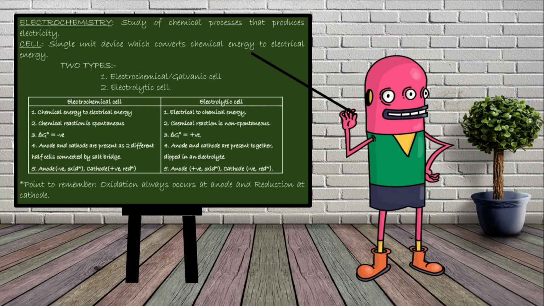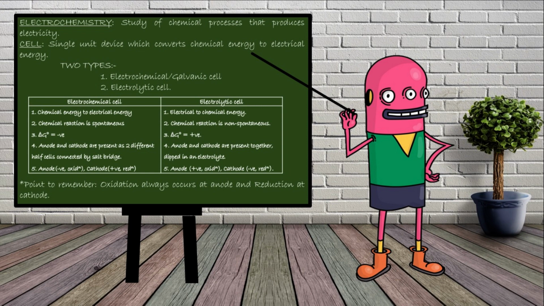In an electrochemical cell, the anode and the cathode are in different containers which are connected by the salt bridge. About the salt bridge we shall be discussing later on in this video. But, in an electrolytic cell, both the anode and the cathode are present in the same container dipped in the electrolyte. In an electrochemical cell, more reactive acts as the anode, which is the negative electrode, and here the oxidation takes place.